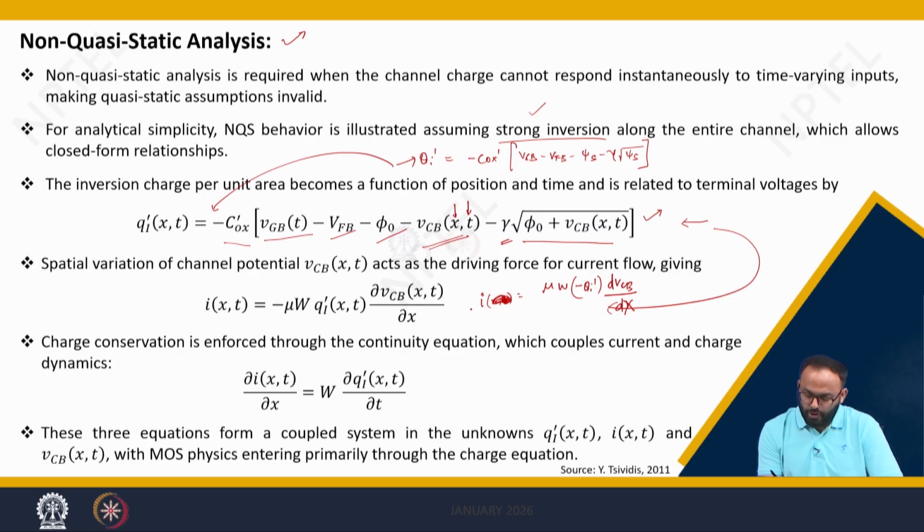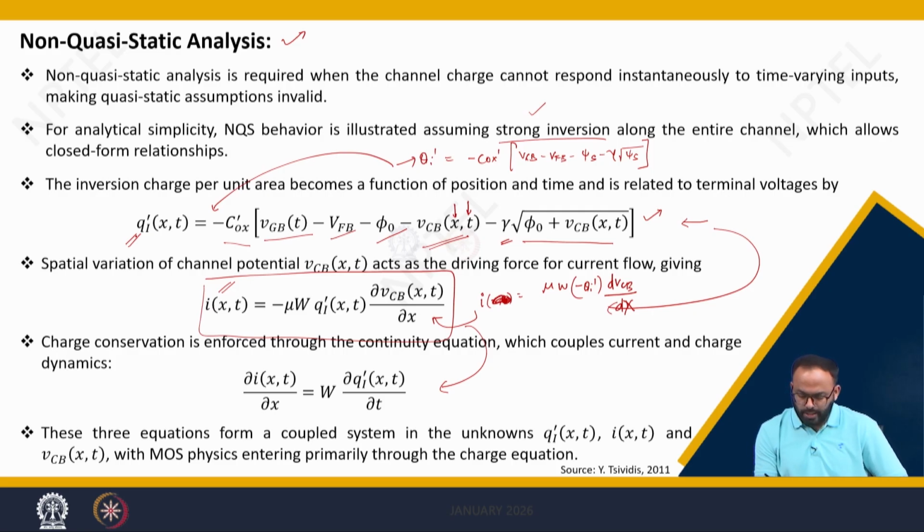Now for quasi-static analysis where the input signal varies so fast, you can rewrite this equation as this, and we just derived the continuity equation that relates the current and the charge, and hence find the continuity of charge and current to solve the non-quasi-static model.